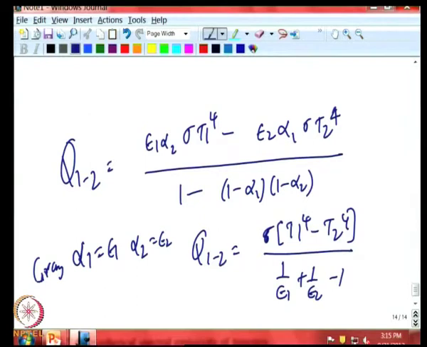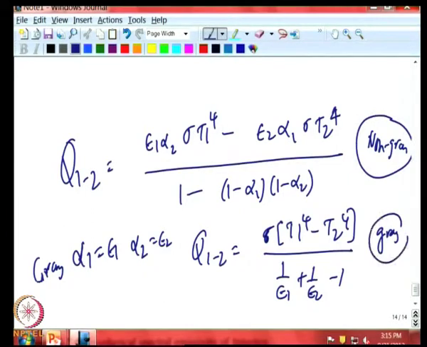So, what you have done really is there is a general relationship when alpha 1 and epsilon 1 are not equal, non-gray, and ultimately looked at how this simplifies when you make this assumption.